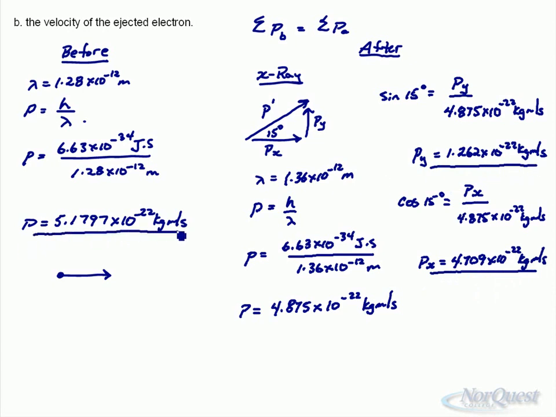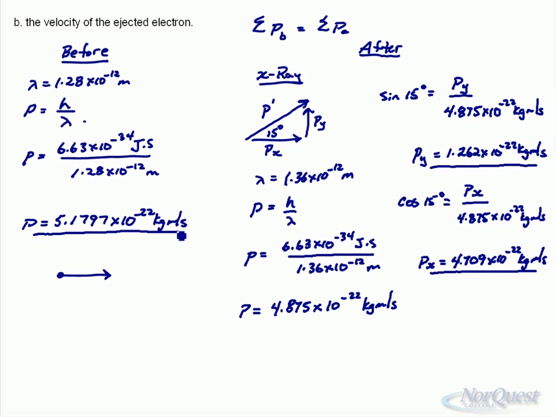And we'll do a quick recap of what we've done so far. Remember, conservation of momentum requires that the total x components before have got to equal the total x components after. Total y components before have to equal the total y components after.